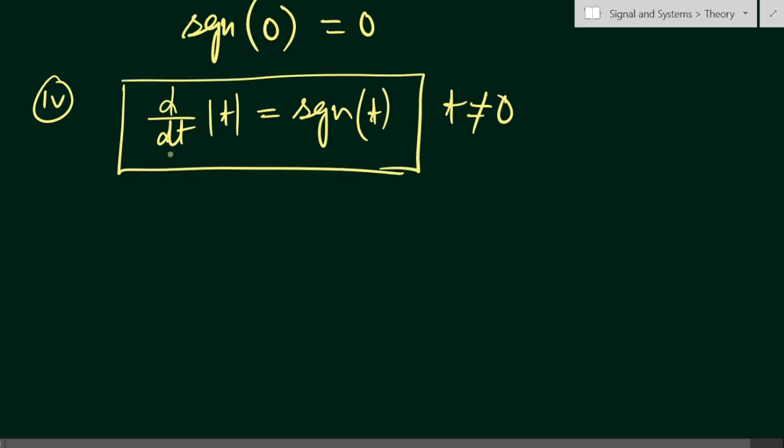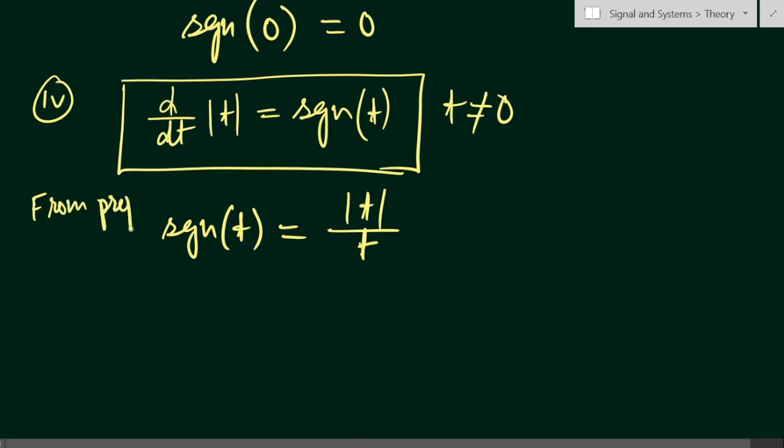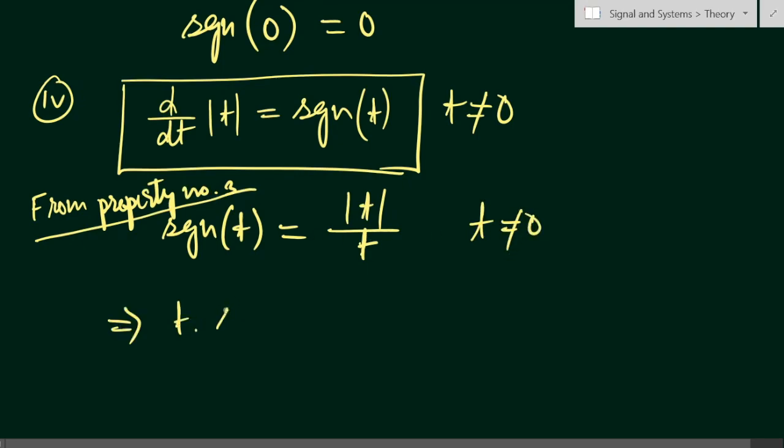So from the third property we have this relation, from property number 3. Signum function of t equal to mod of t by t for t not equal to 0, so t into signum function of t is equal to mod of t.